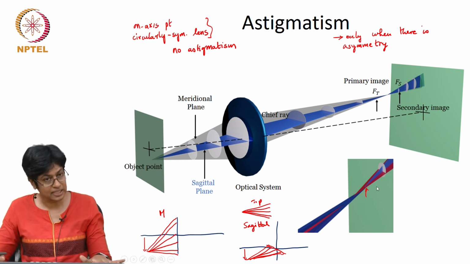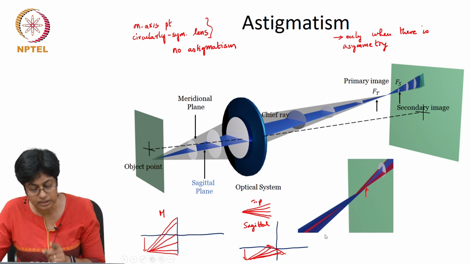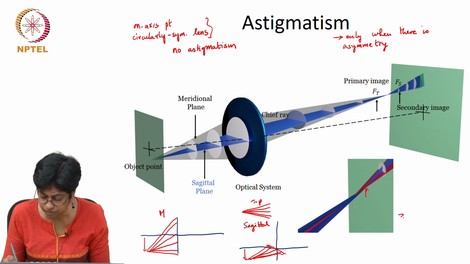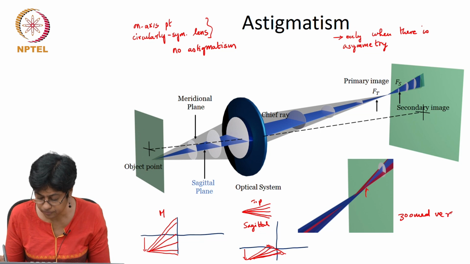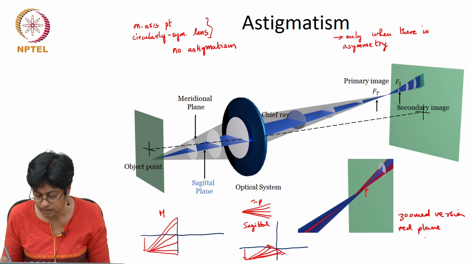The blue are the sagittal, and unfortunately the color has changed. So in this zoomed version, the red plane is the meridional.